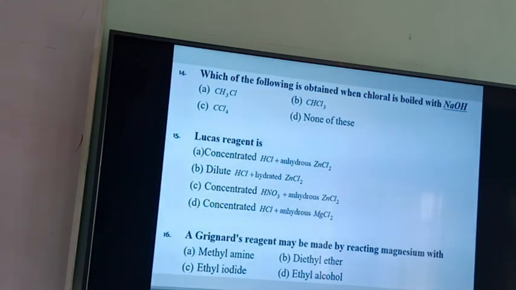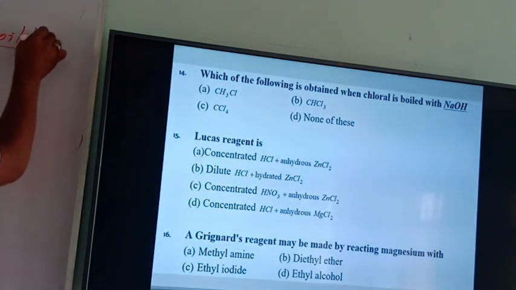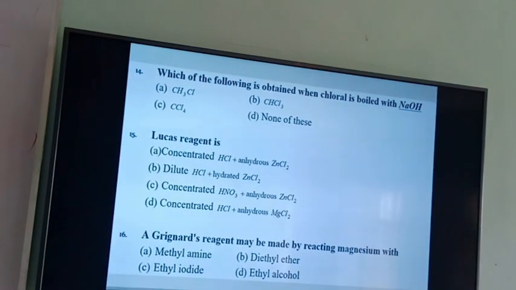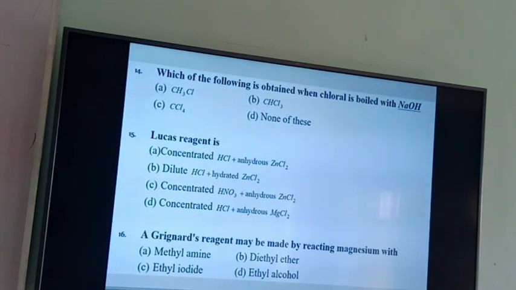Chloral is nothing but CCl3CHO. It reacts with sodium hydroxide, so it is to be boiled, to form CHCl3 plus HCOONa, sodium formate.